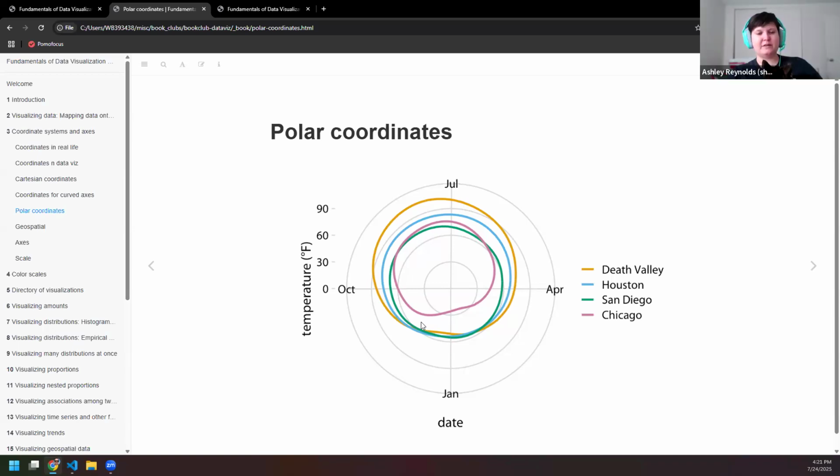Yeah, I guess, even though I know the way this graph is organized, in my head I was like, oh, it's surprising that the hottest part of the year is occurring before July.